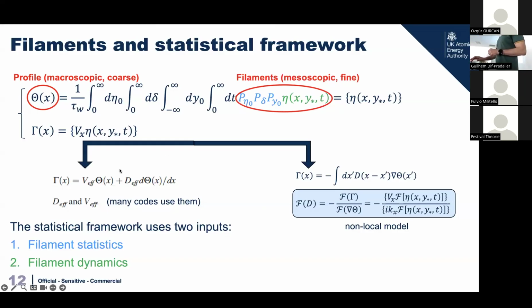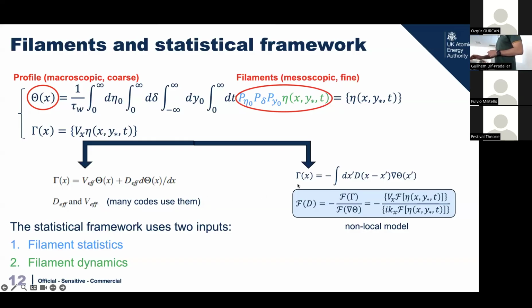With this information, I could in principle build effective diffusion and velocity coefficients, which is what many codes use in our community, and feed them into the codes to have almost a principled representation of how the turbulence or the profile should behave. But I don't like that because I think it's actually quite wrong, because structurally this equation is not the right one to put into the codes.